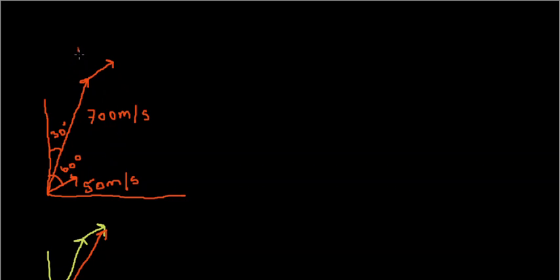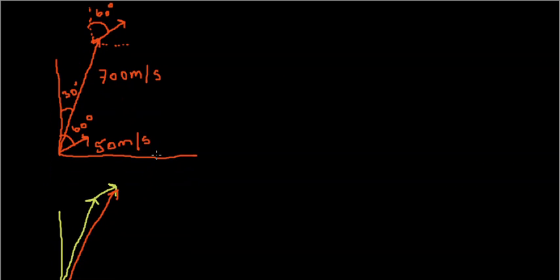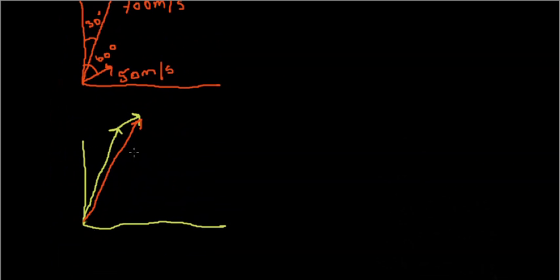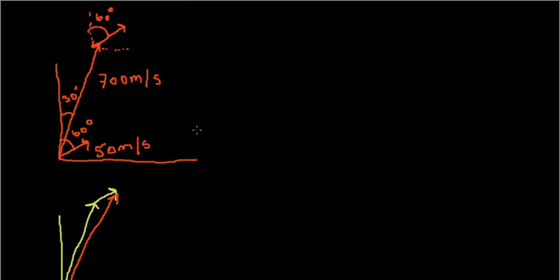And so we can have a mini coordinate system, and so this is still going to be 60 degrees, hopefully, right? It's always going to be 60 degrees because all we did is just move it from here to here so that we can know the final velocity of the airplane. And so it's still going to be 50 meters per second. This is 50 meters per second.